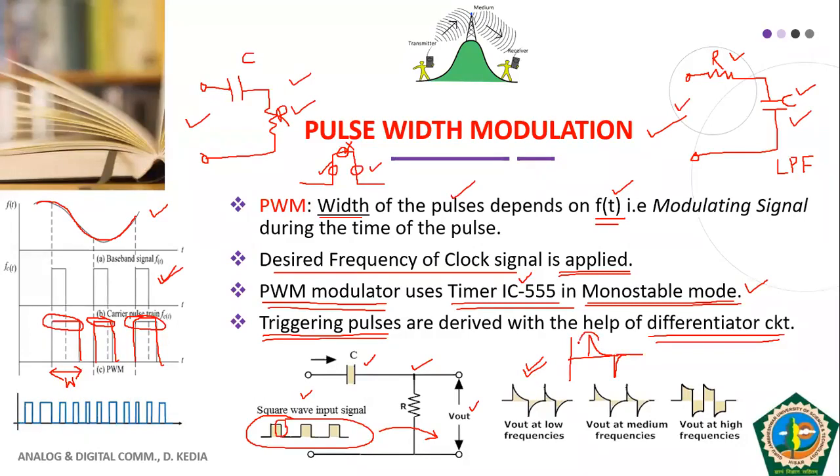So this is an edge of that pulse, and this is another edge of that pulse. Similarly, it keeps on repeating itself like this. This is how the edges have been extracted from the square wave input signal. This is the positive edge, this is the negative edge, then positive, then negative, like this.